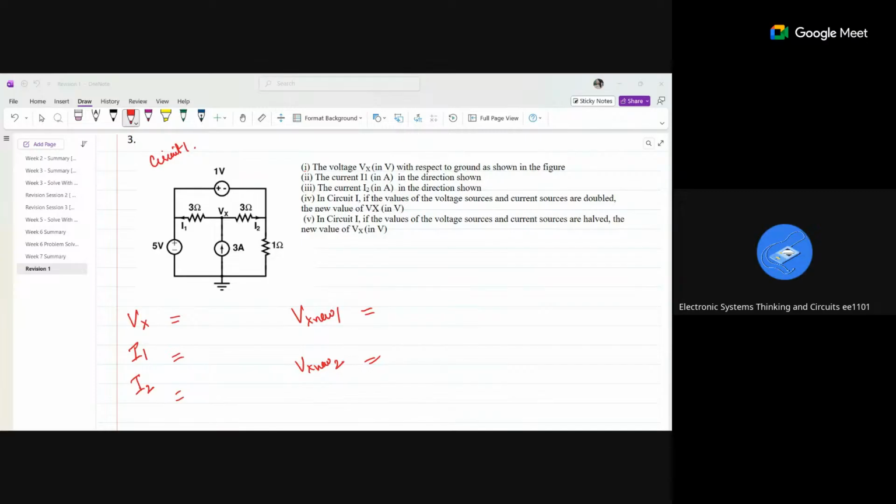Others also try solving. We'll wait for 5 more minutes, then we will solve this together.